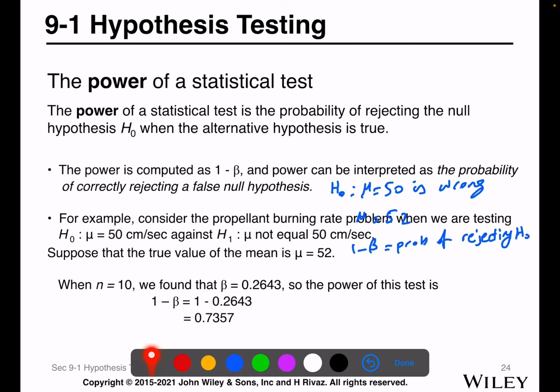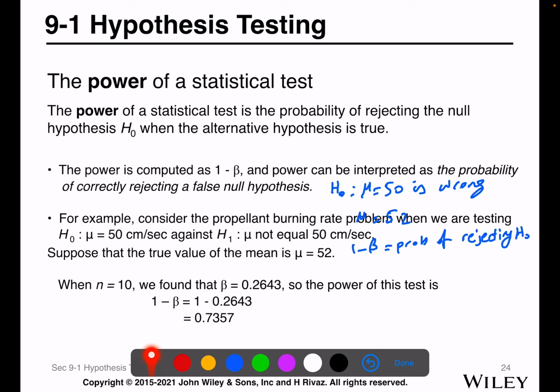So in the same example that we did before, H0 is mu is 50, and H1 is mu is not equal to 50. Suppose that the true value of the mean is 52, and suppose that we have n samples, and basically the same story that we had. We calculated X bar, so we just found that beta is 0.26.